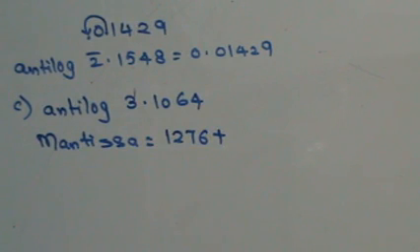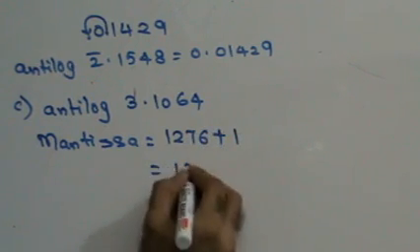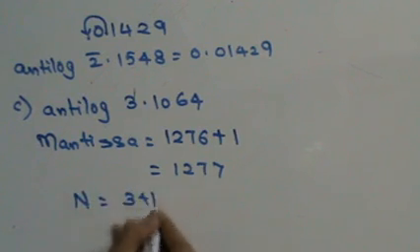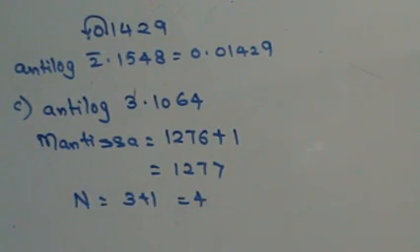To the extreme left 10, then in the second column 6. So you will get 1276, and mean difference 4. Mean difference 4 is 1. So this is 1277. N. Whatever is the number before decimal, add 1 to it. 3 plus 1, 4.